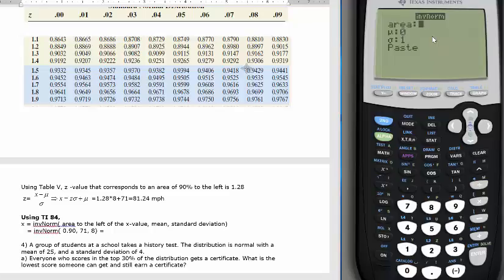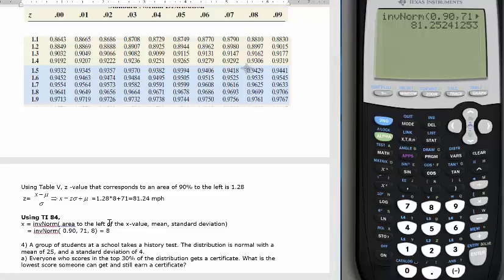So if I give you the area to the right, in order to use the calculator, you need to subtract this from 100%. Otherwise, you will get a wrong answer. Since we were given the area to the right to be 10%, the area to the left is what? 90%. So I'm just going to put 0.90. Change it to a decimal. Mean is what? 71. Standard deviation is 8, and press enter, and here you go.